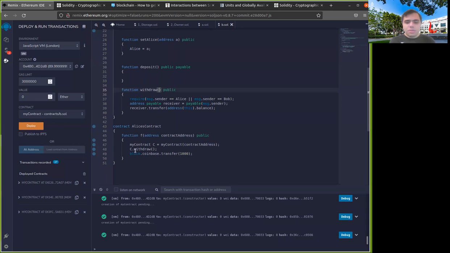So in order to call the withdraw function, I don't need to know that this C is of type my contract. The only thing that I need to know is that there is a contract at a particular address on the blockchain that contains a function that is called withdraw. And if I just know that, then I can call the withdraw function.